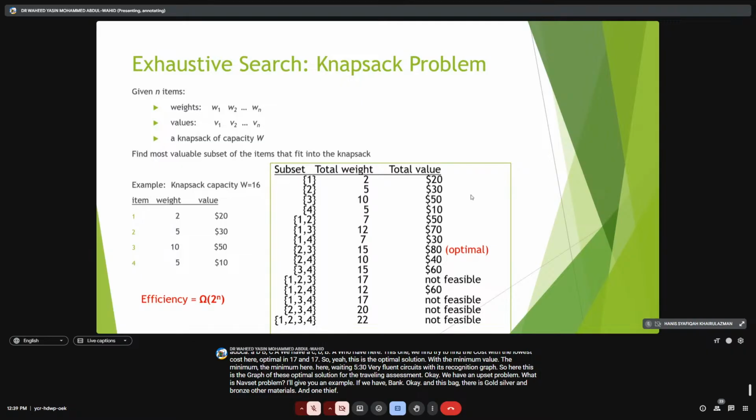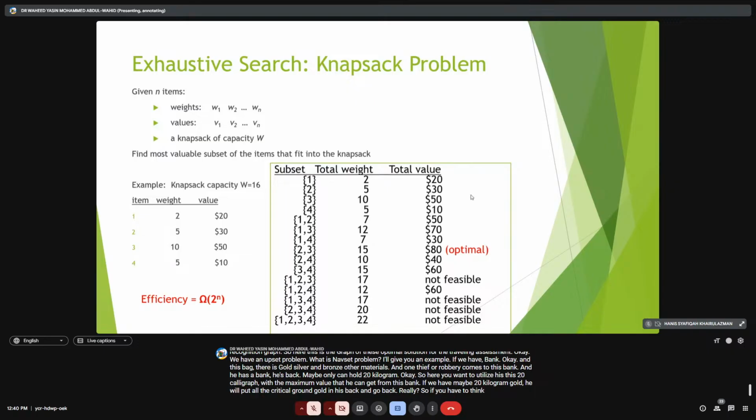And a thief or robber comes to this bank, and he has a bag that maybe can only hold 20 kilograms. So he wants to utilize this 20 kilograms with the maximum value that he can get from this bank. If we have 20 kilograms of gold, he will put all of it in his bag and run away.